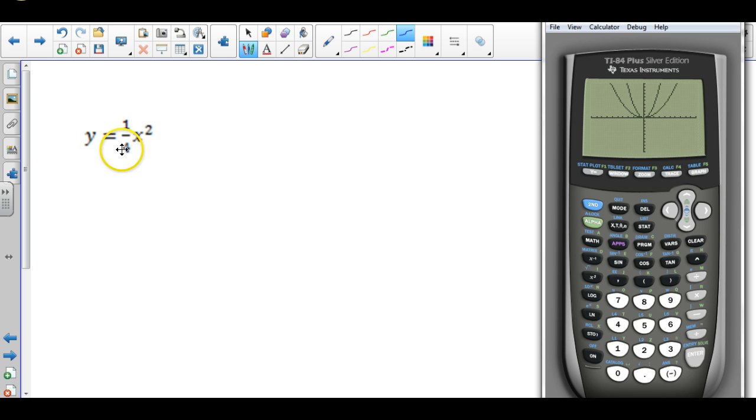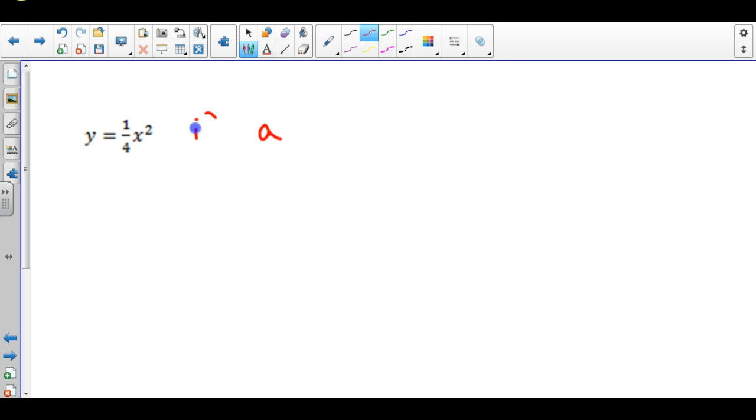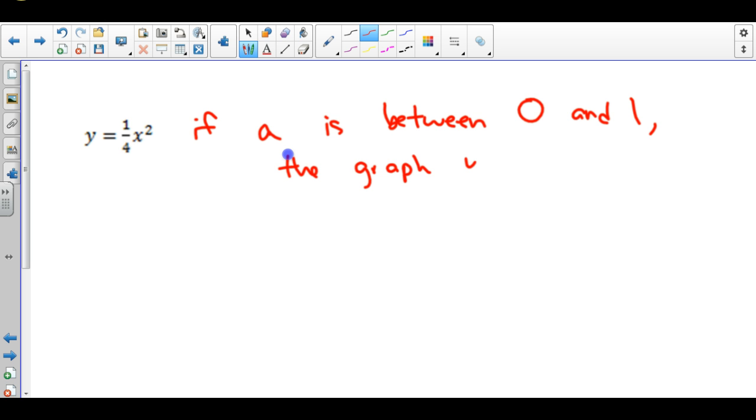So if you have a value right here for your a value, if your a value is between 0 and 1, and I'll make a note of this. So if a is between 0 and 1, the graph will get wider.